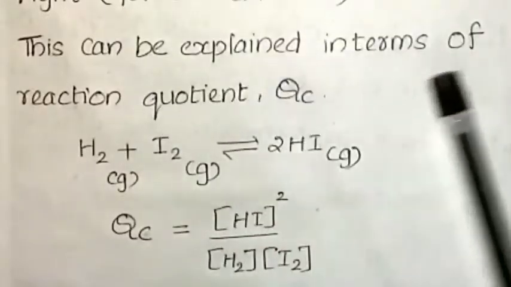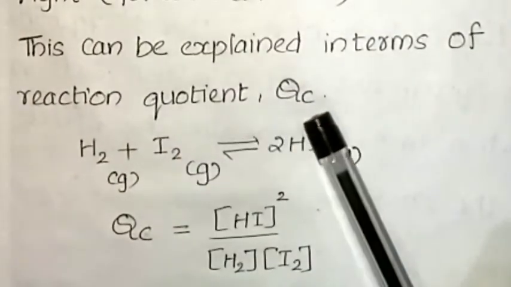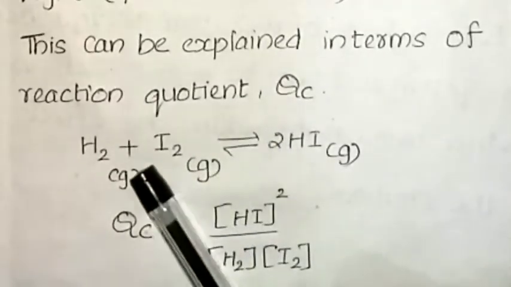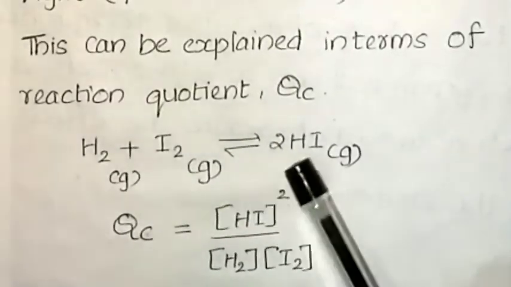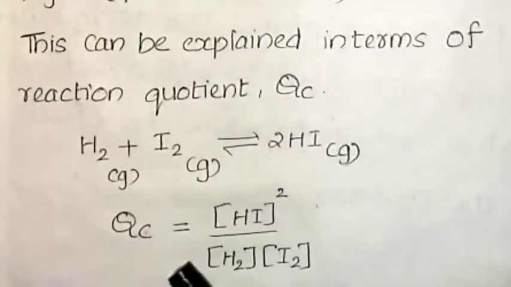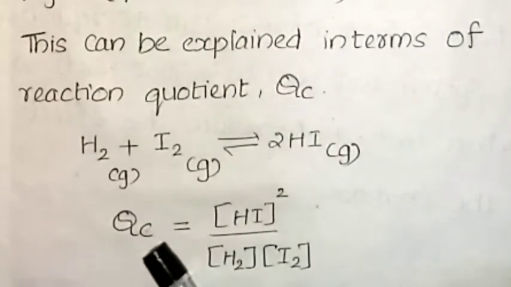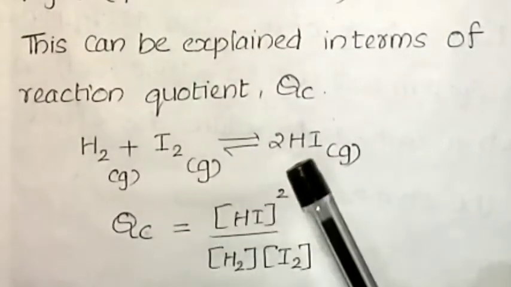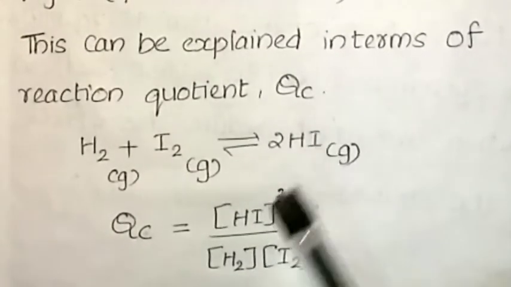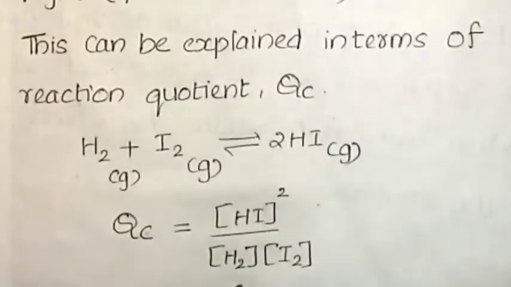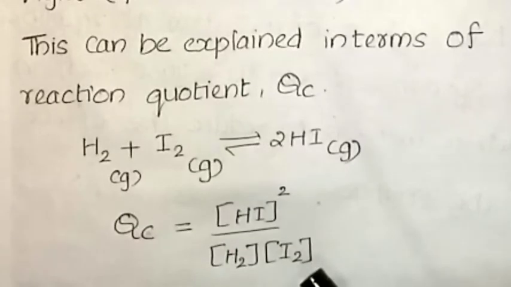This can be explained in terms of the reaction quotient Qc. H2 plus I2 reversibly gives 2HI gas. Here, Qc is equal to the concentration of HI to the power 2 divided by the concentration of H2 into I2.